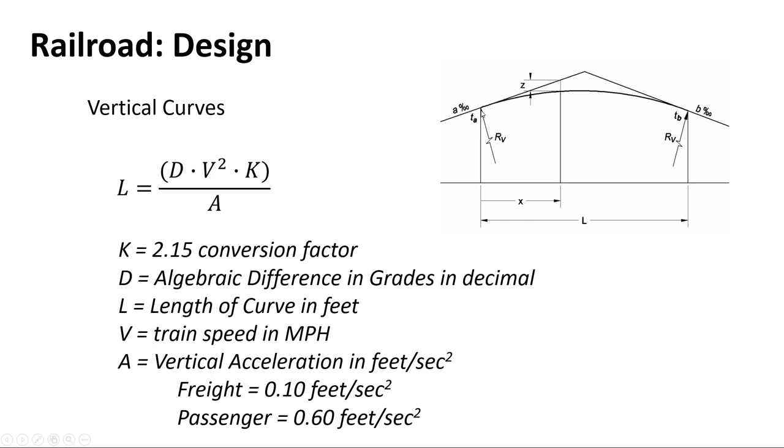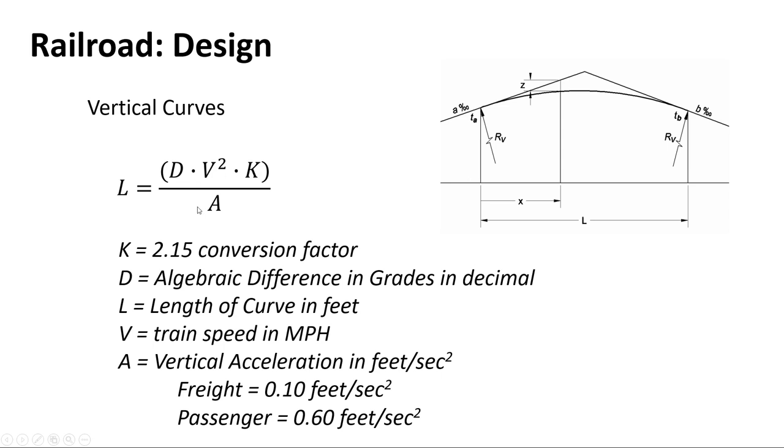We needed to have a gentle enough curve, which means it's going to be longer, that you can safely see over the top of it in a crest situation, or it's safely illuminated by headlights in a sag situation. In railroads, it's all about not changing too fast. We have to be very gentle, right? It's almost like walking on eggshells, right? Very gentle grades, not above 1% on either side, A or B there. And we don't want to change real fast going through this.